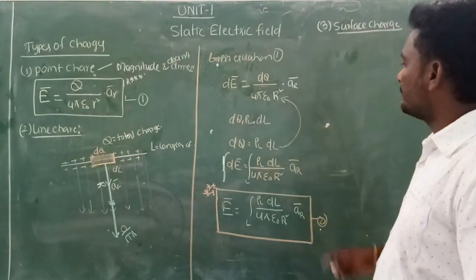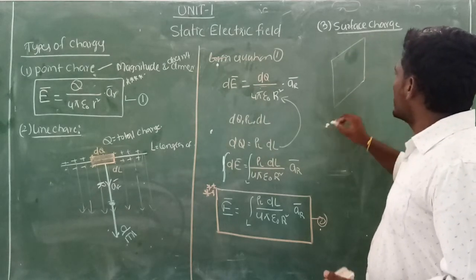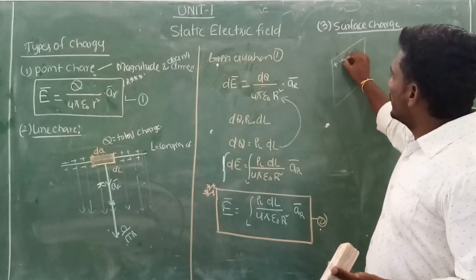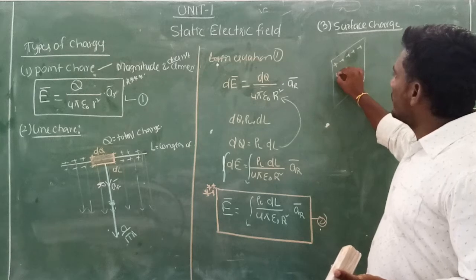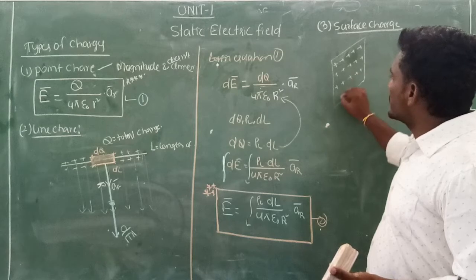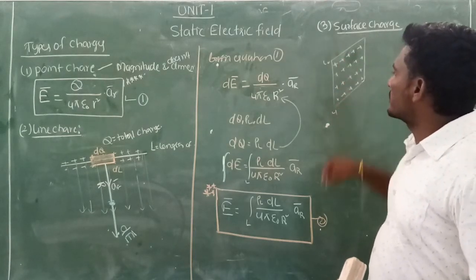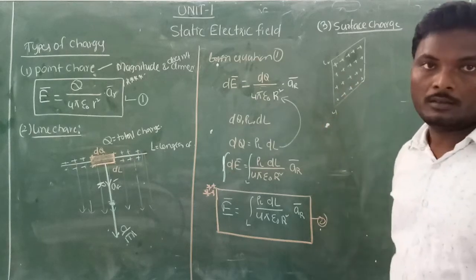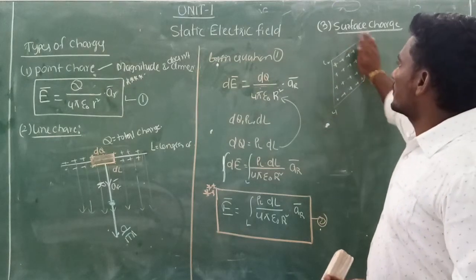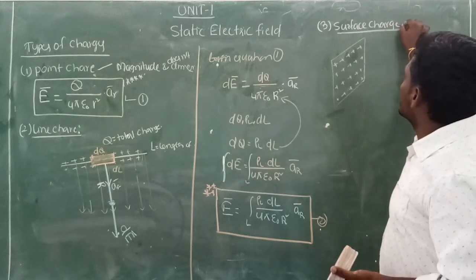Okay. Similarly, if you take a surface like this, and if your charges are uniformly distributed along the surface, and if it has dimensions, it should have length and vertical length. So if the charge is uniformly distributed along the surface area, such a charge is called surface charge.